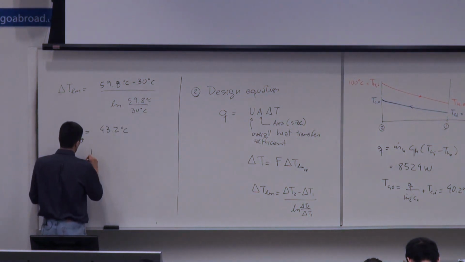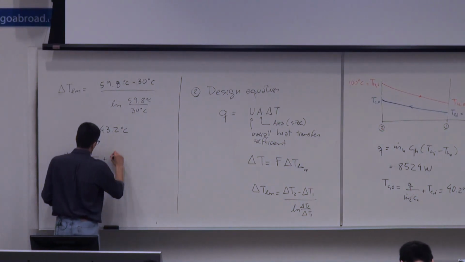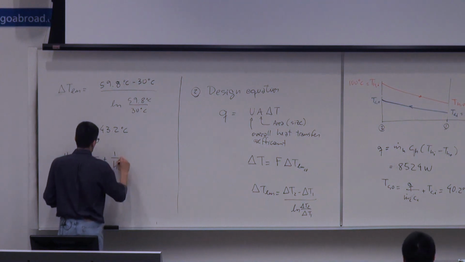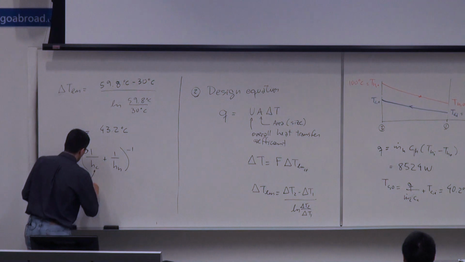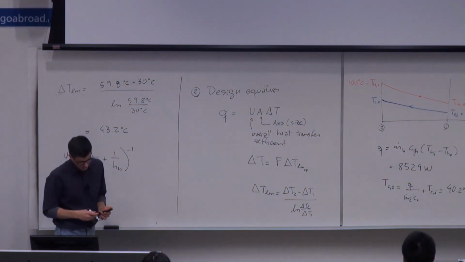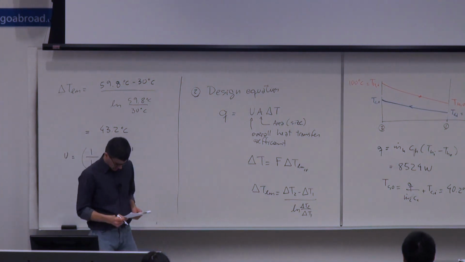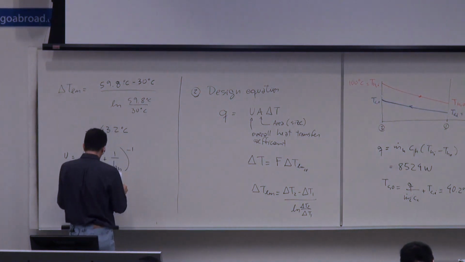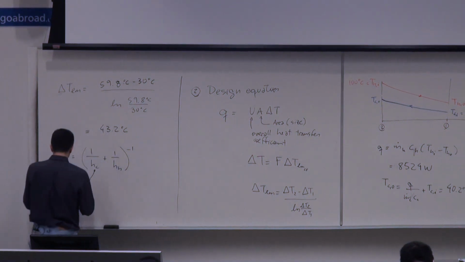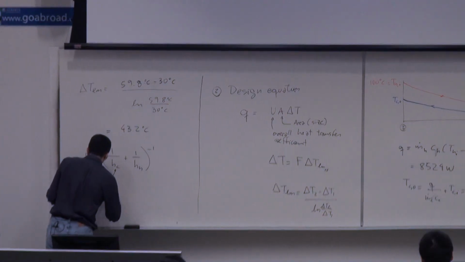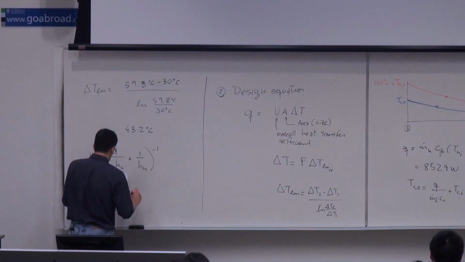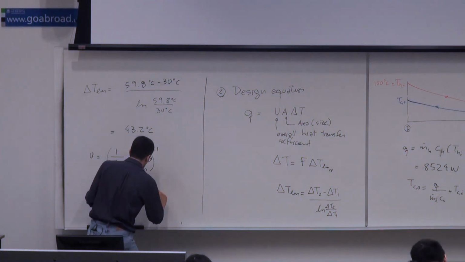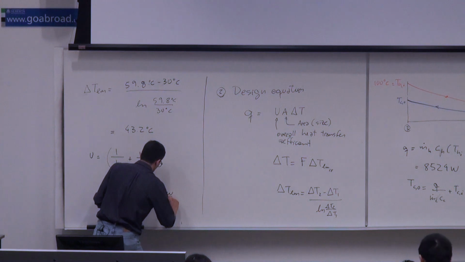So it will be the resistivity of cold; the convection coefficient of cold was 2250 watt per meter square Kelvin, and of hot was 38.8 watt per meter square Kelvin.